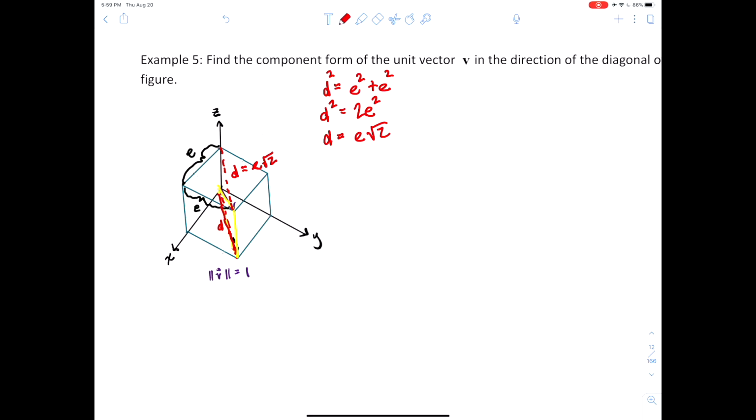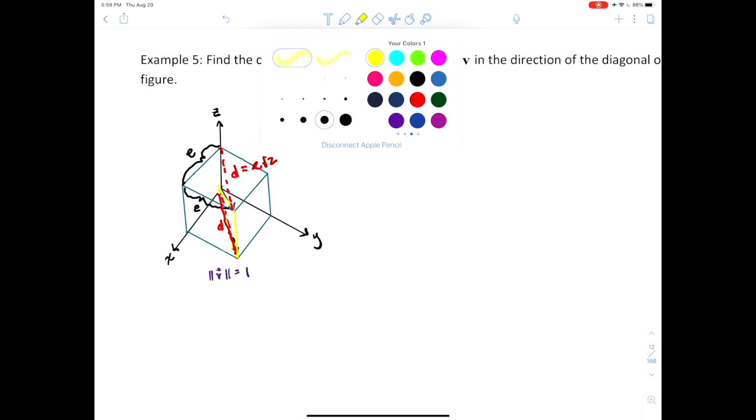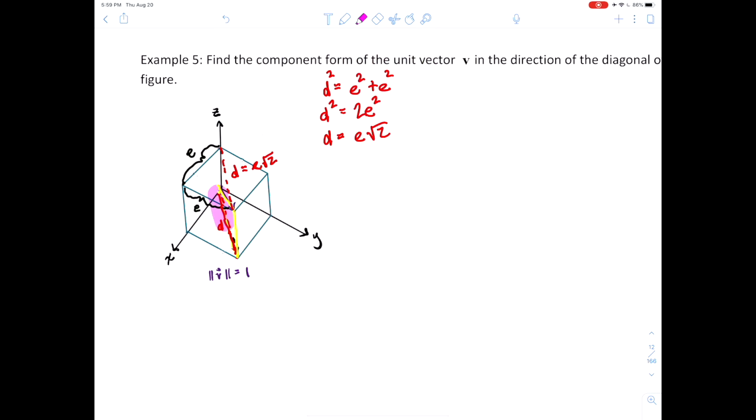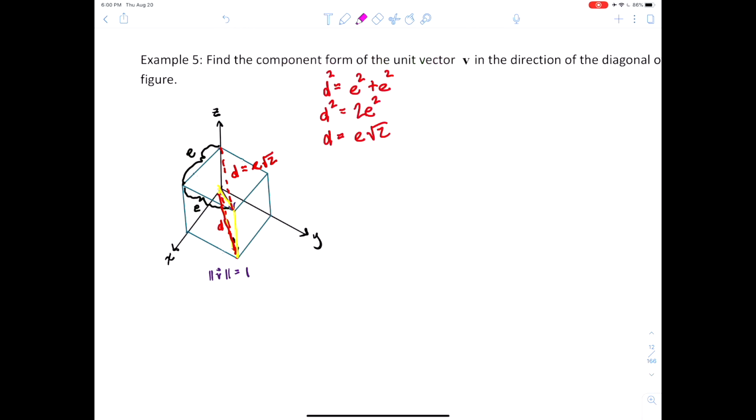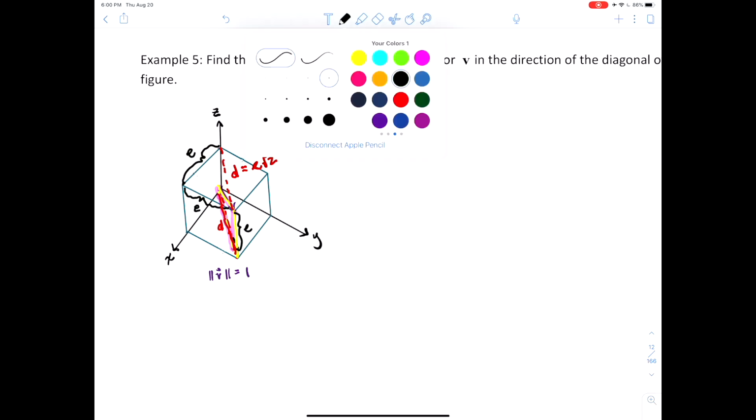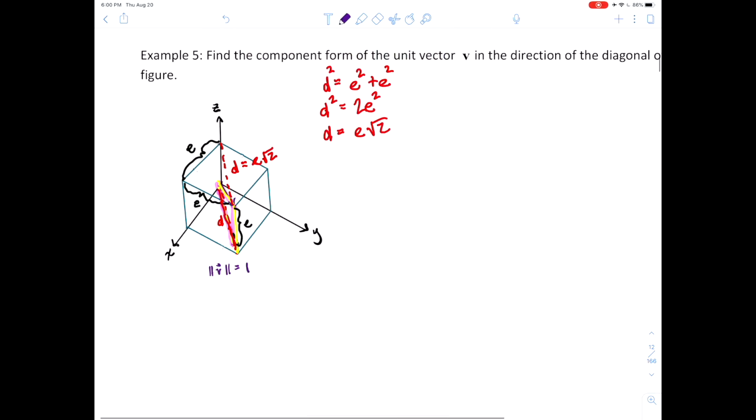And so we are looking at finding this triangle, and we know that right here is an edge, is e, and we know that our vector, which was in purple, went from here to here.